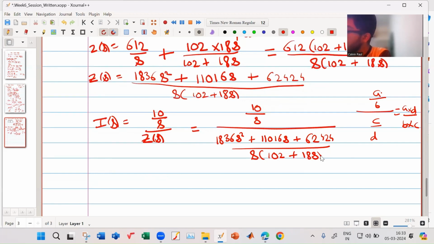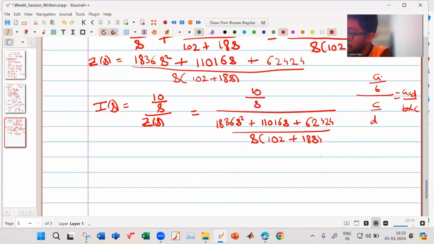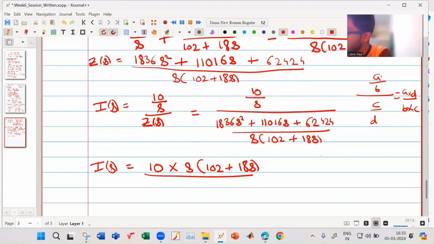So I of S is equal to 10 into S into 102 plus 18S, divided by S into 1836 S square plus 11016 S plus 62424.